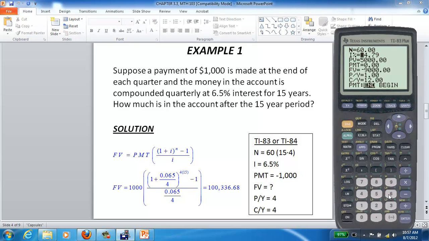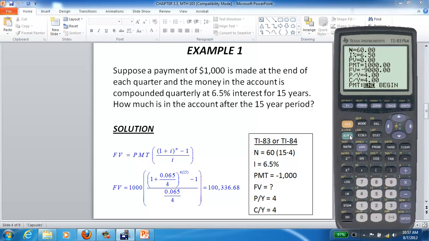The interest rate is 6.5. We don't have a present value from now on, so the present value will be 0, but we have a payment. The payment is going to be $1,000. The payments are made at the end of each quarter, so you have 4 payments per year compounded quarterly. P/y and C/y will be equal to 4.